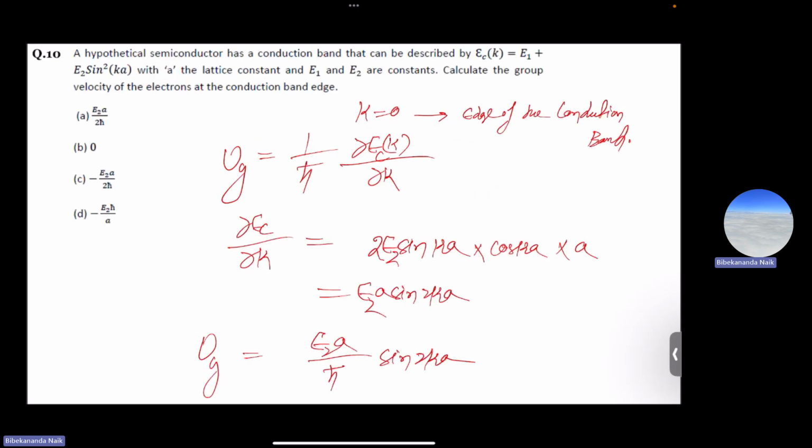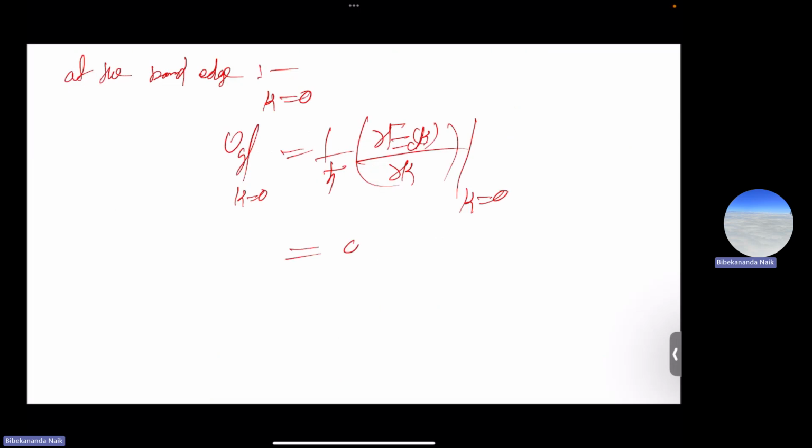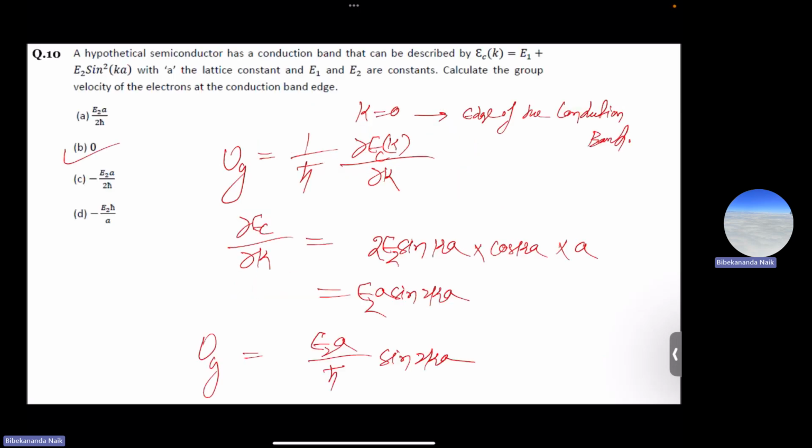And we know sine 0 is 0, so it will be 0. So the group velocity is 0 at the conduction band edge according to the relation given by the conduction band energy relation. So the correct option will be option B.